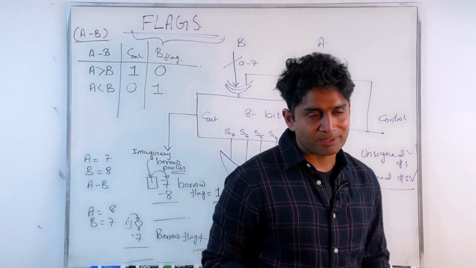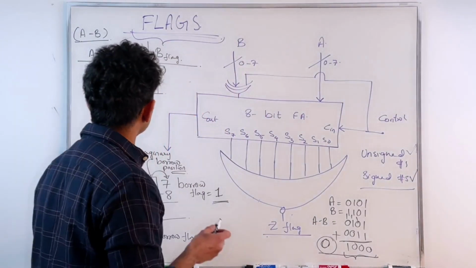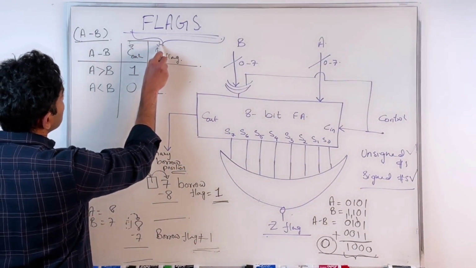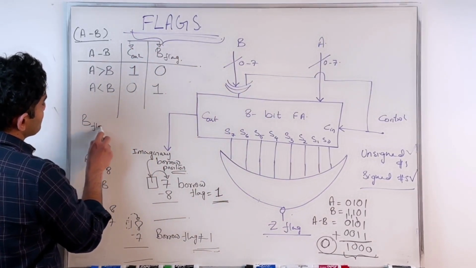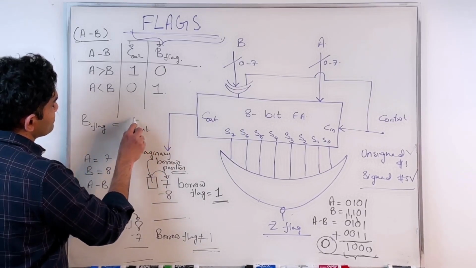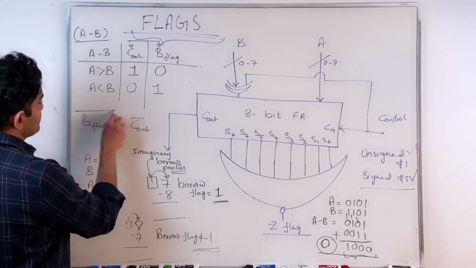So the relationship between the borrow flag and my Cout is that the B flag is basically Cout inverse, the inverted version of Cout.